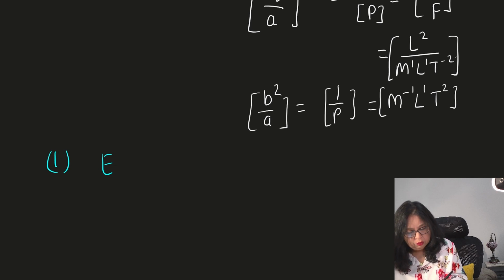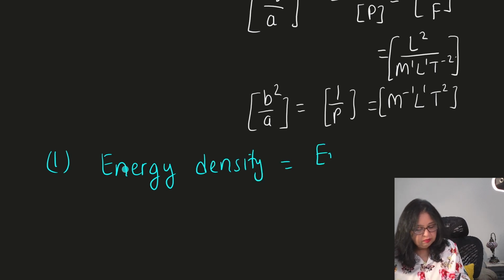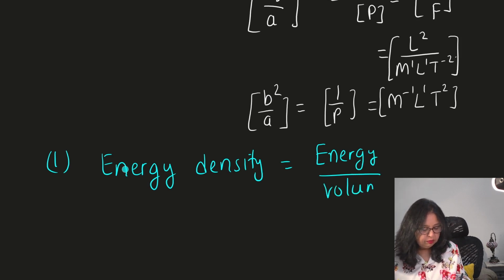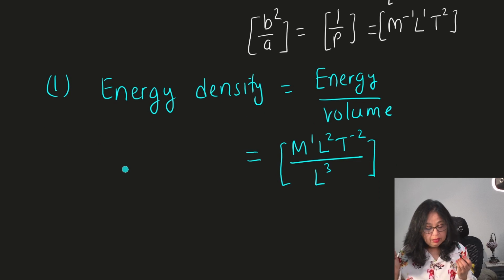I'll have to look at all the answer choices here. Energy density. This is energy per unit volume. That's what energy density means. Energy is the same as work, which I know is M1 L2 T minus 2, and volume is L cubed. This is going to be a wrong answer.